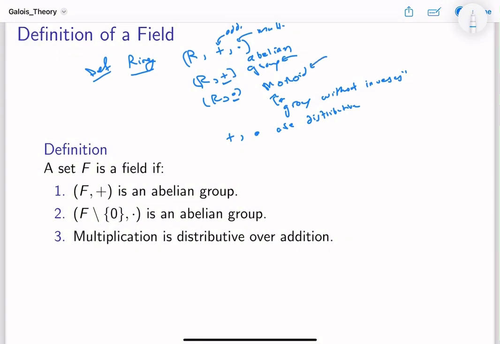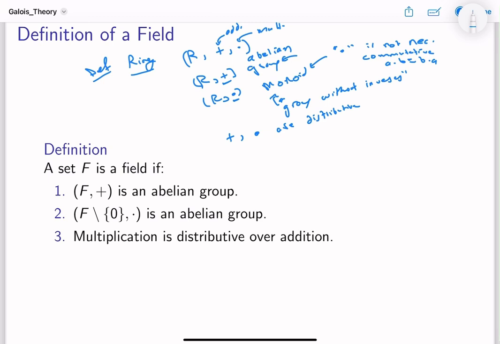However, here in our definition, it's not necessarily the case that this ring is commutative. In other words, the multiplication is not necessarily commutative here. Right? It's not necessarily the case that A dot B is equal to B dot A for B and A in R. So this is the one thing I want to mention.